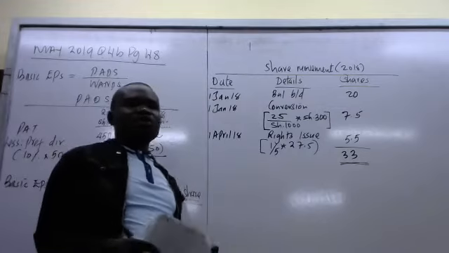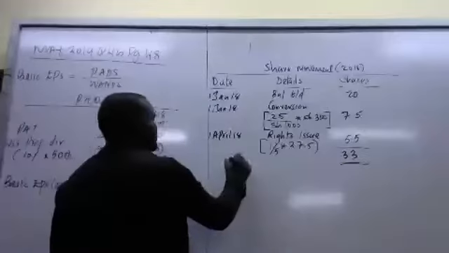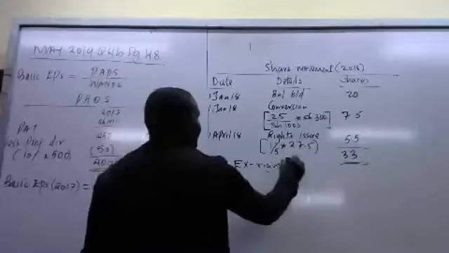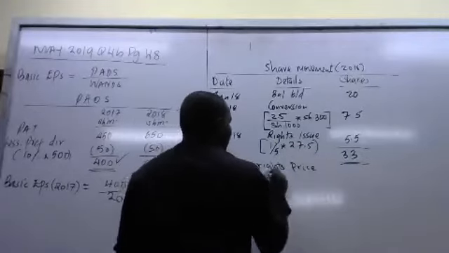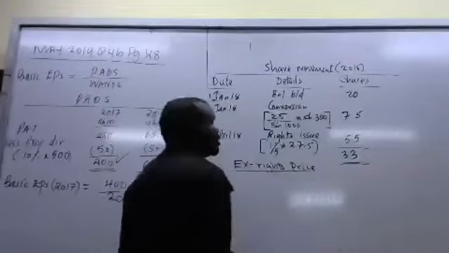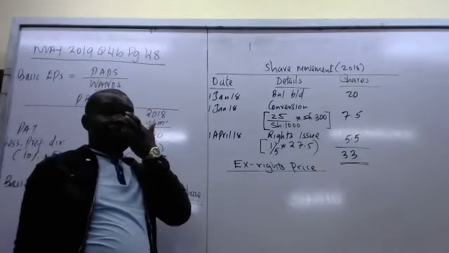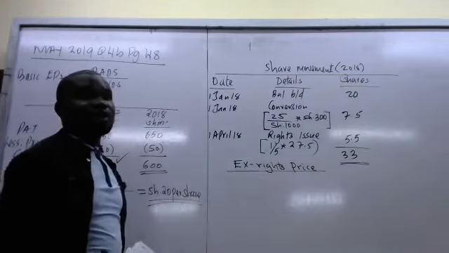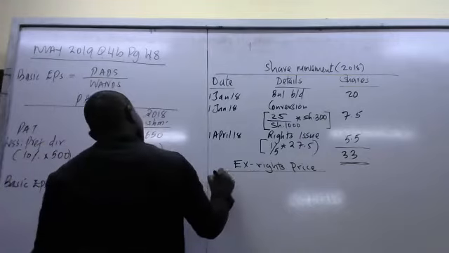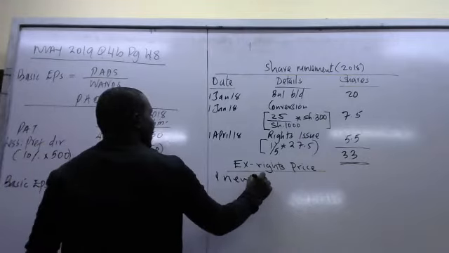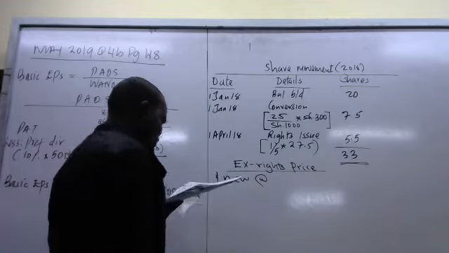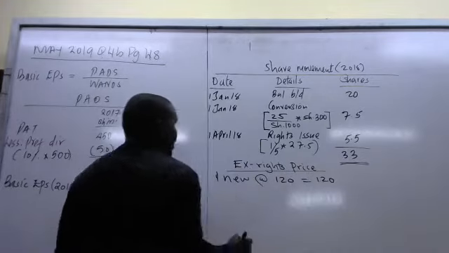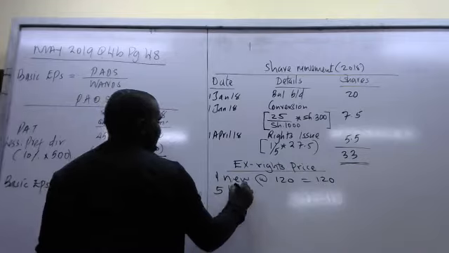Let's calculate. Use that note 1 to get for me the rights price. So X rights price. What was the policy? You get 1 new at what price? 120. So this is 120 for every 5.